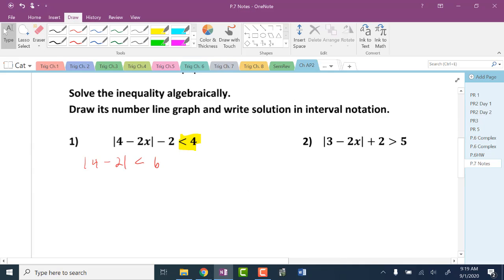So what I told you was, I lost my x, sorry about that. 4 minus 2x equals two possible cases, 6, and the opposite of 6. You don't do it now. You have to get this isolated first. If you set up two cases with 4 and negative 4, you're done. It's hasta la vista. You will not get the right answer.